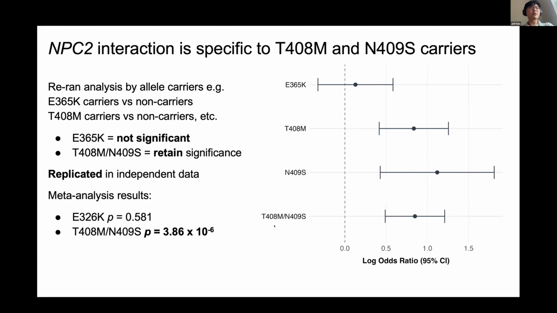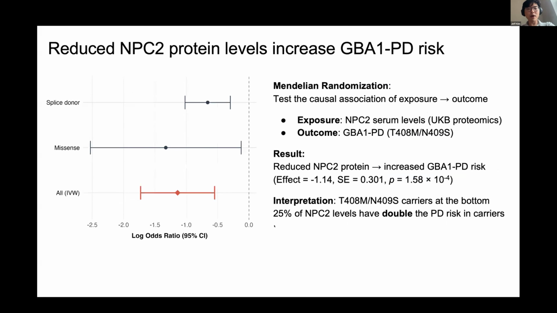So we found this loss of function evidence in the human genetic data, and we thought of other ways we can try to better understand the interaction between NPC2 and GBA. So we integrated UK Biobank proteomic data to perform what's called a Mendelian randomization, which is basically using genetic data as well as proteomic data to test for the causal association of exposure to outcome.